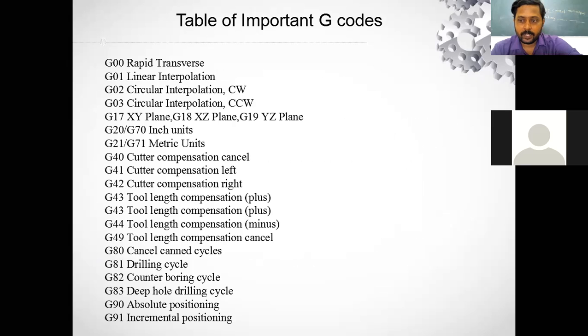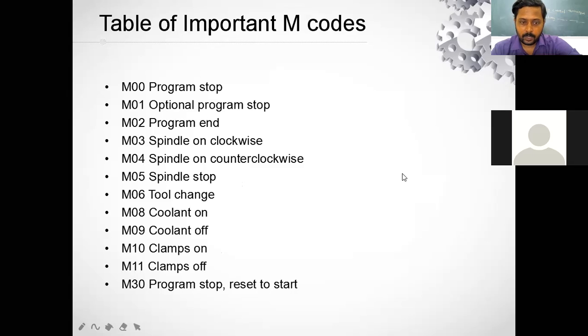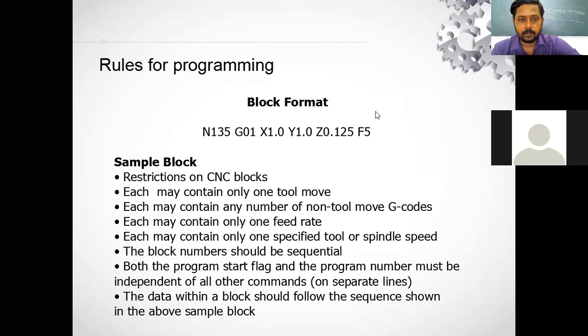This is not an exhaustive list. There are other codes, but we discussed the important G codes. Then there are M codes, which are most important and regularly used while making a program.